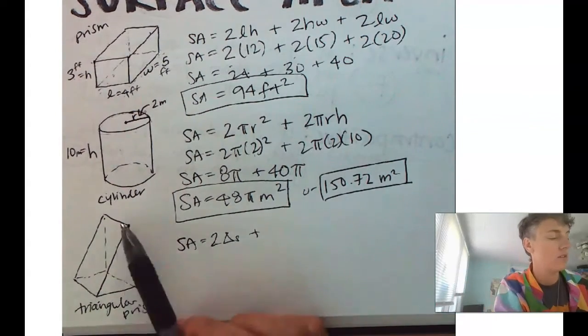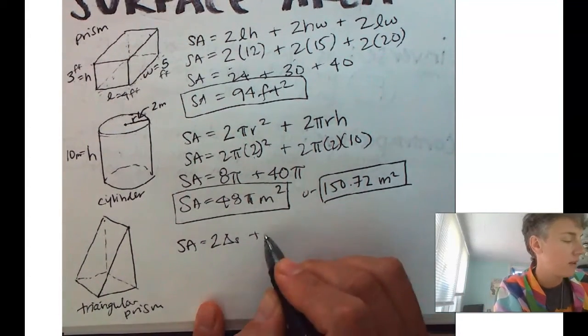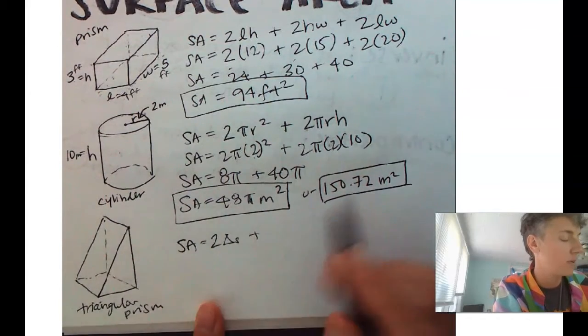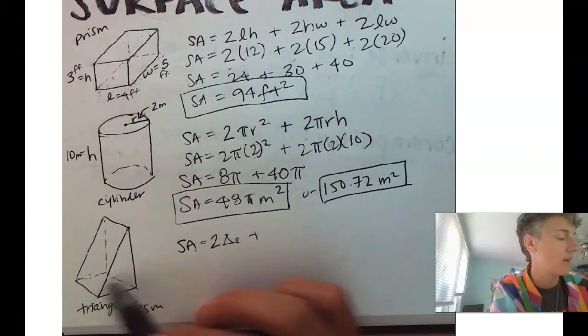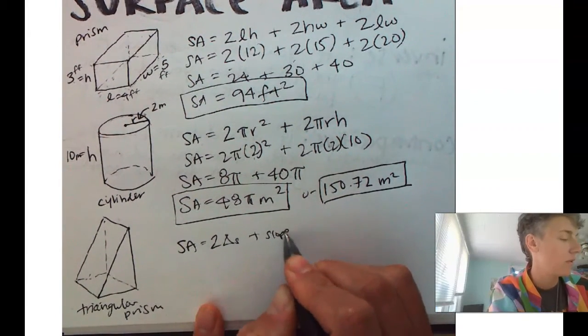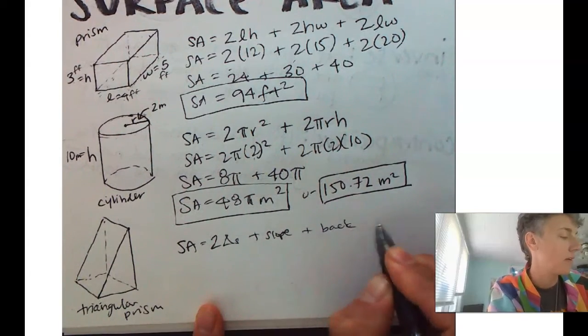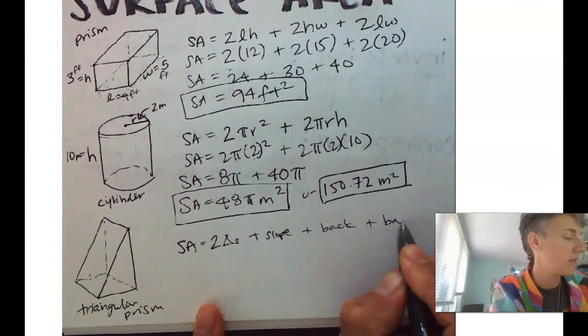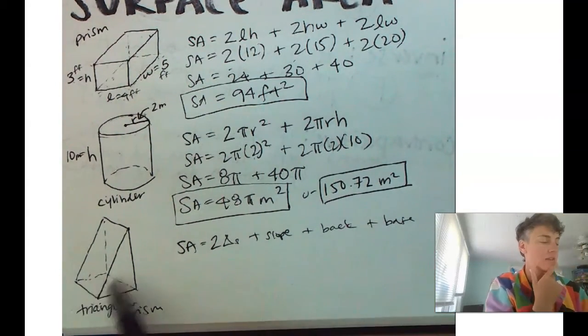So we've got 2 triangles, a front sloped side, back side, bottom side. Slope plus back plus base.